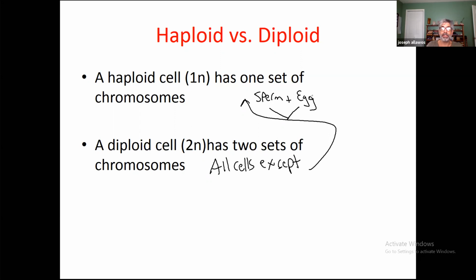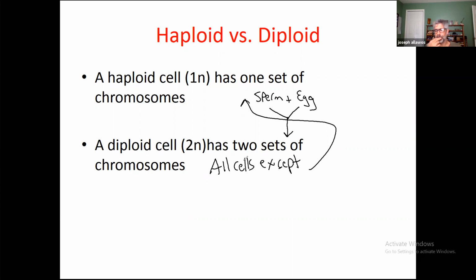Your mother's egg had a set of chromosomes, and they came together to make the first cell of what became you, which is a diploid cell. Okay, so we'll talk a lot more about haploid and diploid, but it's really important that you understand the difference between the two.